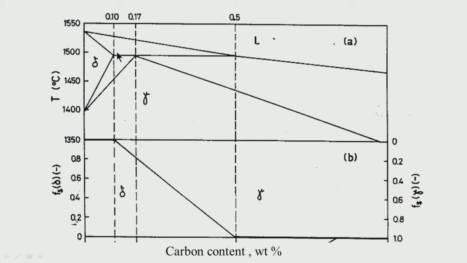If it takes place here, that means delta to gamma is taking place near the peritectic temperature, but if it is for this carbon, say 0.2, 0.3, then it is taking place at the lower end of the solidification, but what is important is at what stage it is taking place. And here delta to gamma is taking place when the solidification is complete, towards the end of the solidification reaction. So, these are important issues.